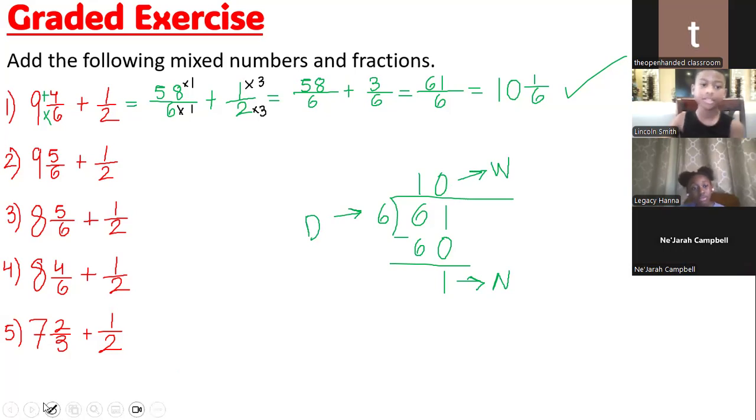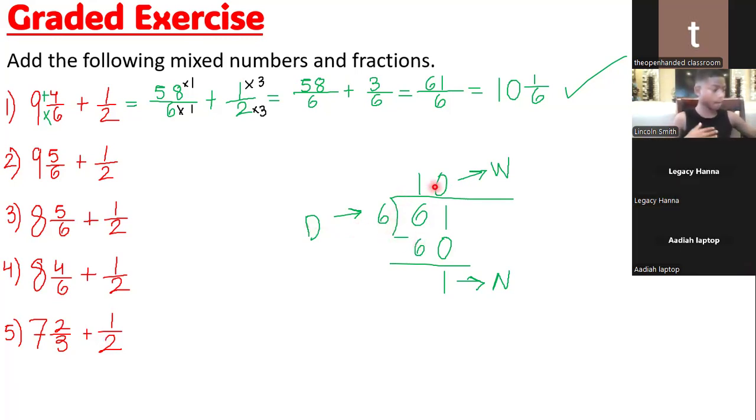I had a 9 instead of a 10, so that's why I got it wrong. Yeah, be careful. You have to divide it properly. 6 goes into 61 10 times. How many persons got 10 and 1/6? Let me know, please.